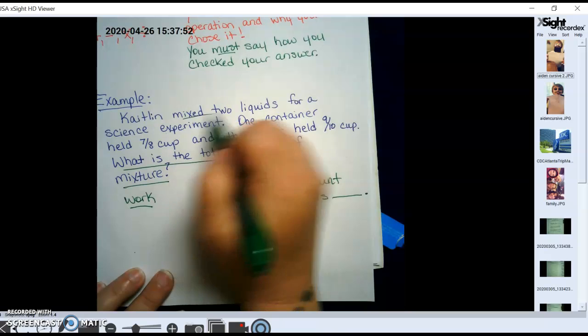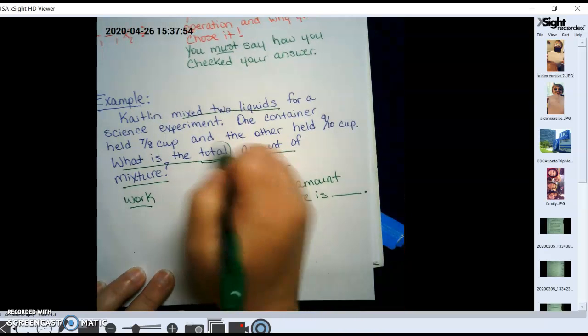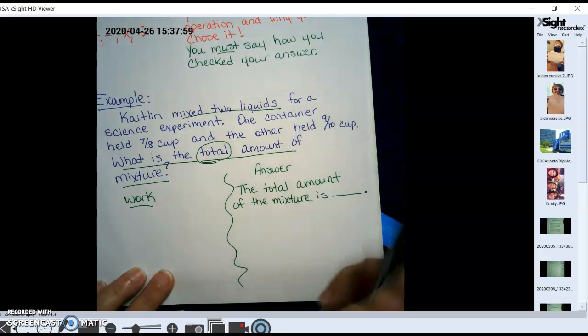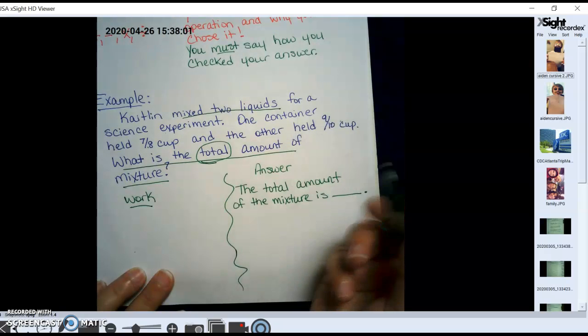All right, so now we look at this problem. She mixed 2 liquids together. She's looking for a total. I see that these are fractions, so I know that I'm going to have to add fractions.